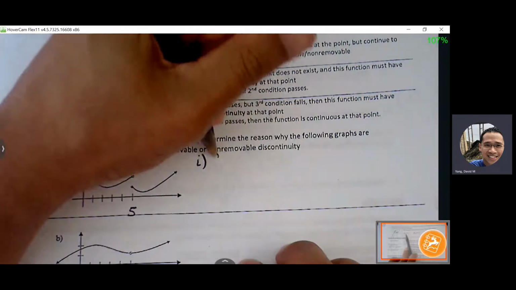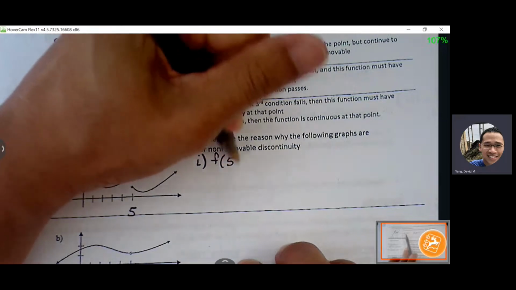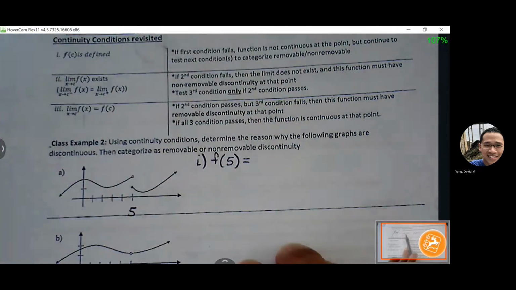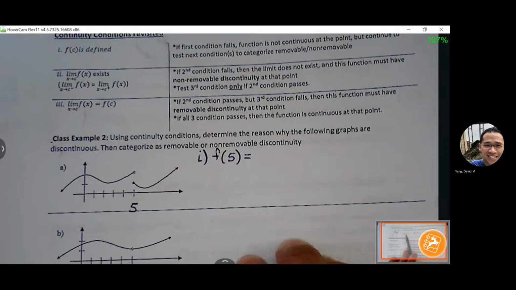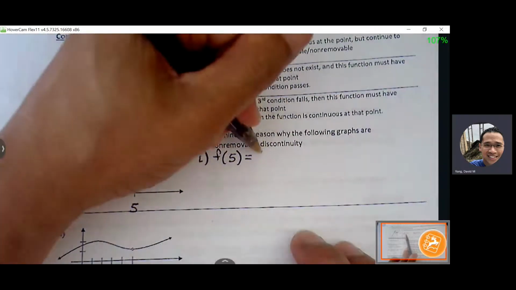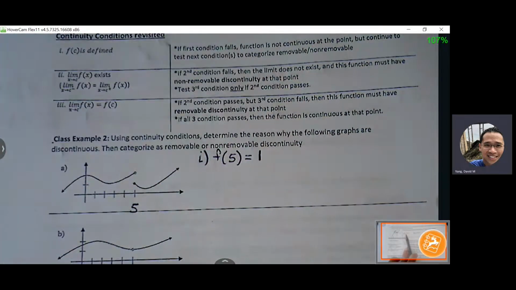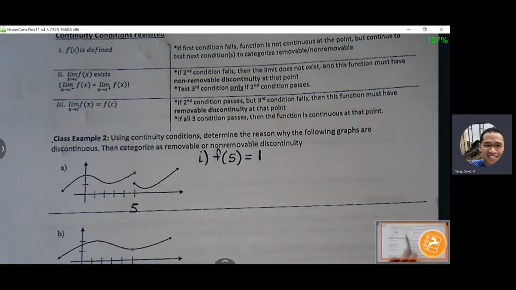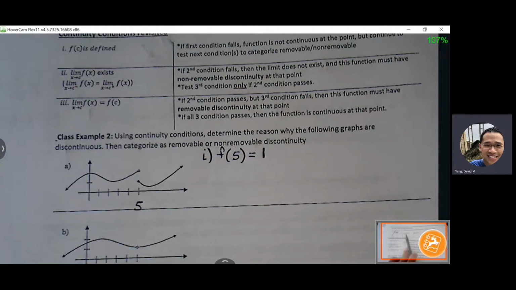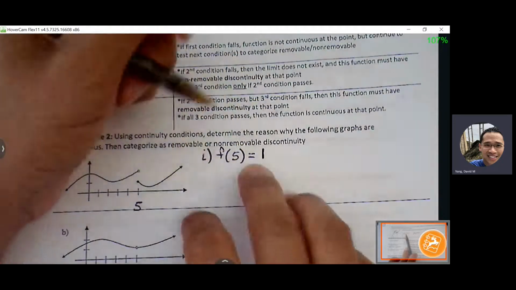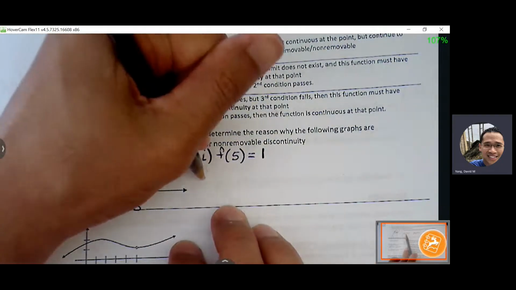What's f of 5 equal to? 1. Okay, so that point exists. Now, if it doesn't exist, we keep going. We never stop at the first condition. Think of the first condition as just gathering information. We're not going to make any conclusive determination. We're just going to keep going. So the point exists, great, we keep going.